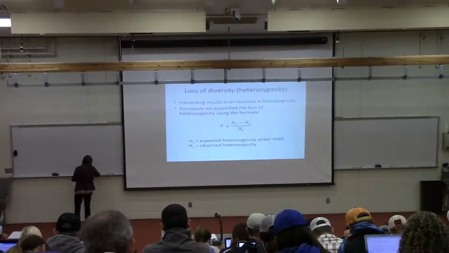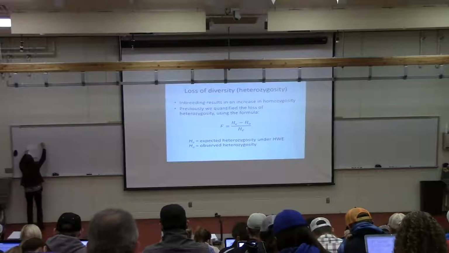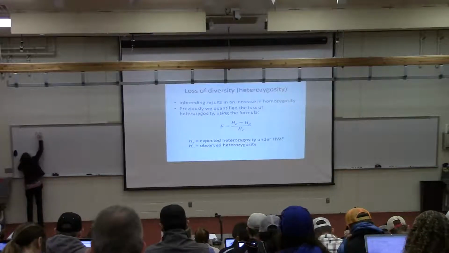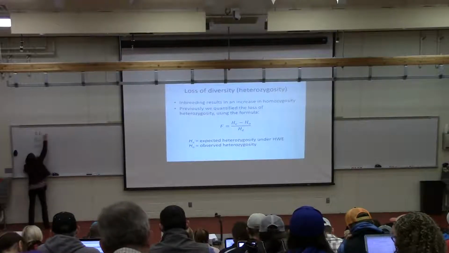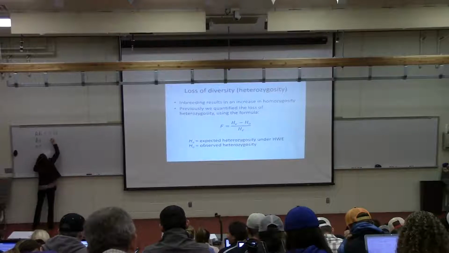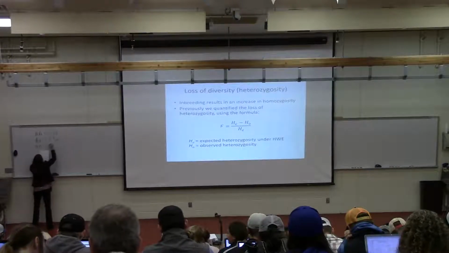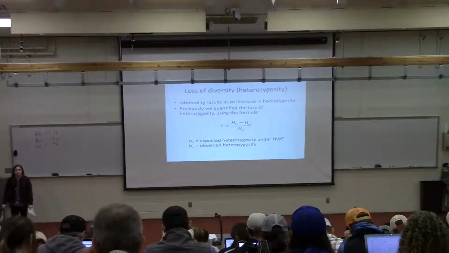So let's get you thinking about a little bit of Hardy-Weinberg and math. Let's say I have 3 genotypes, and I have frequencies 0.22, 0.36, 0.42.